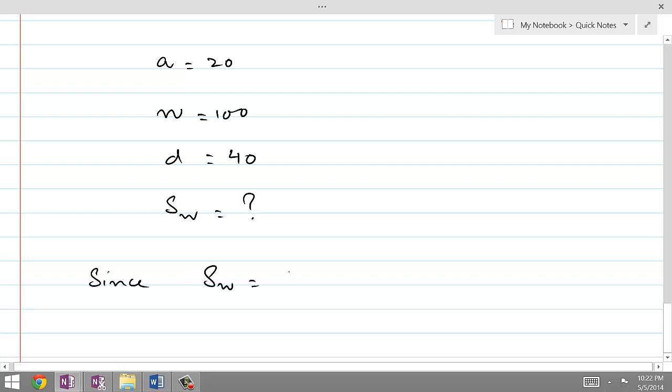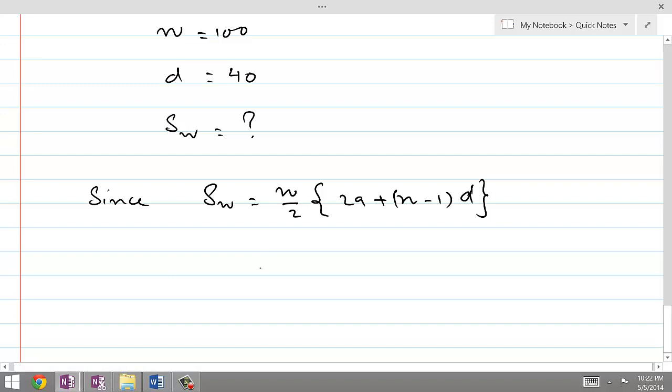Now we can find Sn, the sum of n terms or the sum of 100 terms, as Sn is equal to n by 2 into 2a plus n minus 1 into d. We are going to substitute the values. This would be 100 divided by 2 into 2 times 20, because the value of a is 20, plus 100 minus 1 times 40.